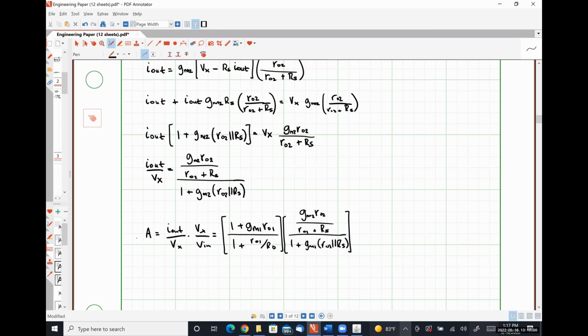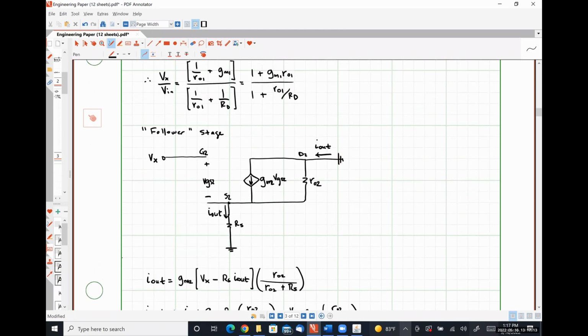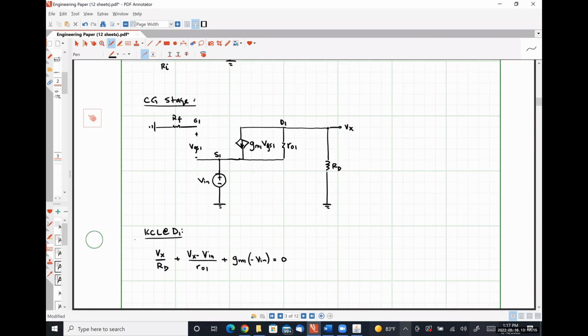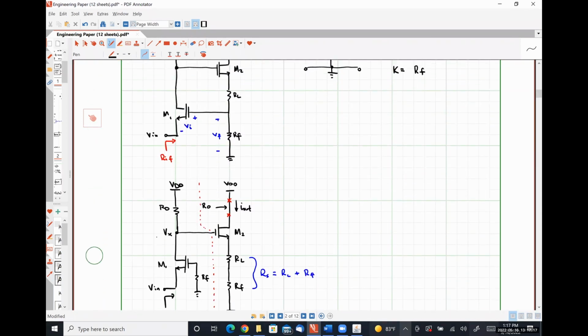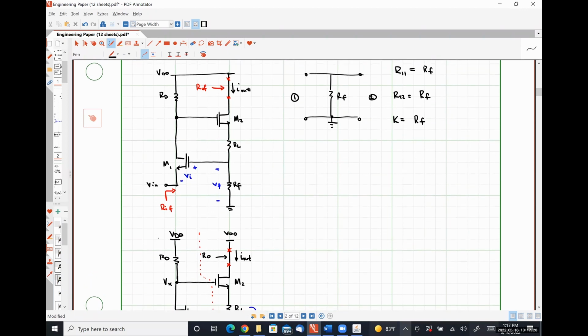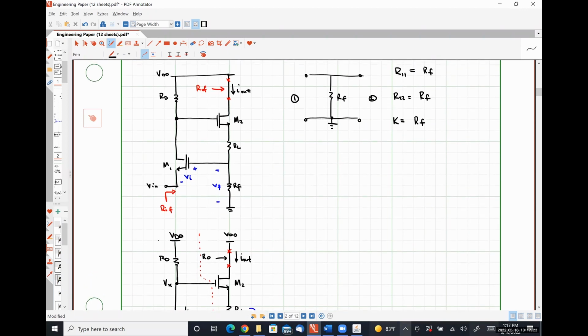Is there any issue with treating it as a source follower over RS? So there is a little bit of a problem there. And what I mean by that specifically is that if we were treating this as a source follower amplifier, our output node would be here, right?